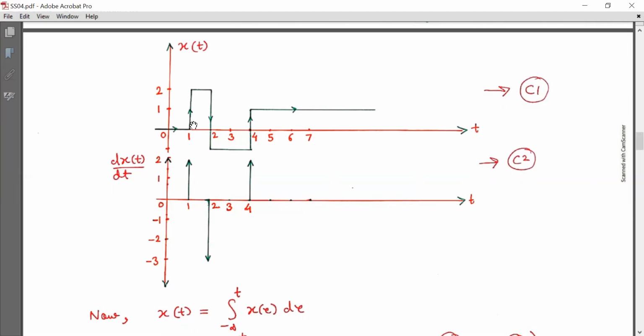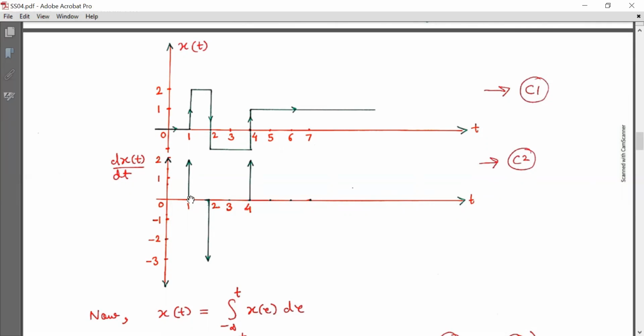Now this differentiation leads to a set of impulses, that is one impulse is at 1, another impulse is at 2 but in the downward direction, and a third impulse is at t equal to 4, that is in the upward direction with amplitude 2.